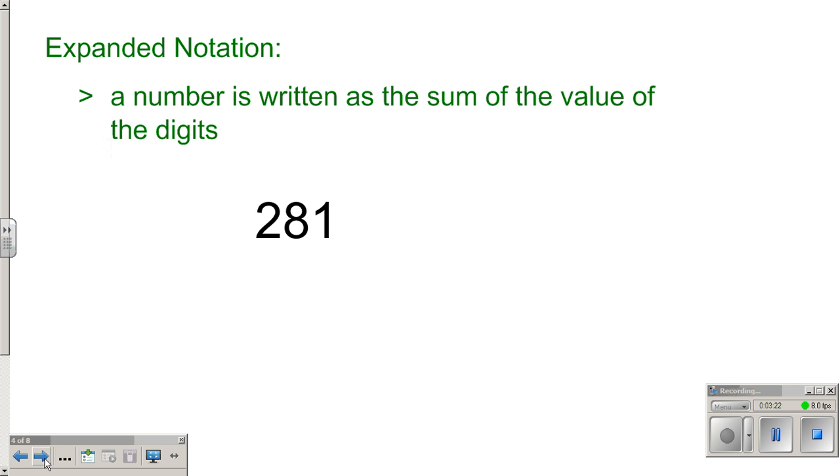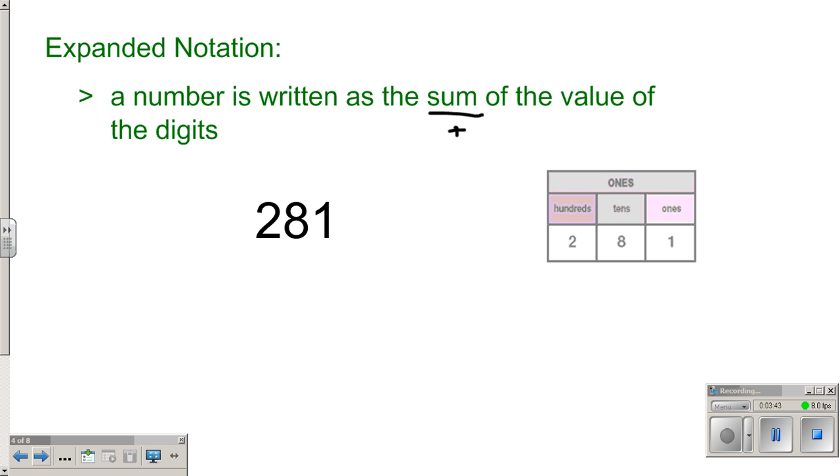The next one we're going to talk about is expanded notation. Just like it sounds, we are going to expand out the number. When you're writing in expanded notation, you are taking the number and expanding it out as a sum of the value of the digits. Whenever you have a sum, you are talking about addition. For example, if we look at the place value chart for this number, 281, we have 1 one, 8 tens, and 2 hundreds.